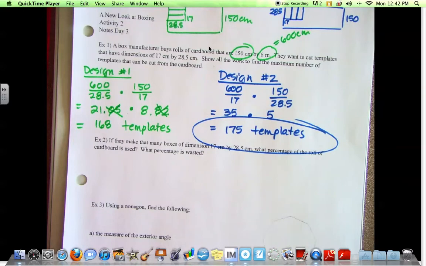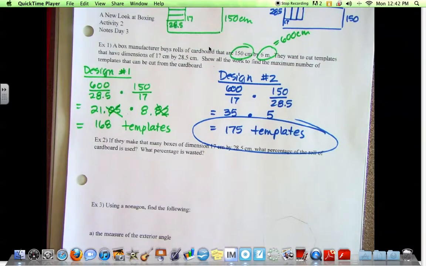You have to divide the whole box or the templates by the box. Okay. How many boxes are we cutting out? 175. What are the dimensions of those boxes? 35 by 5. Nope. 17 by 28.5.